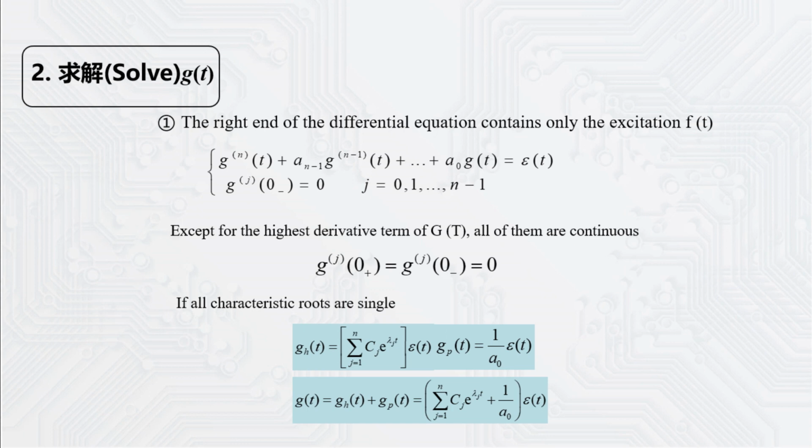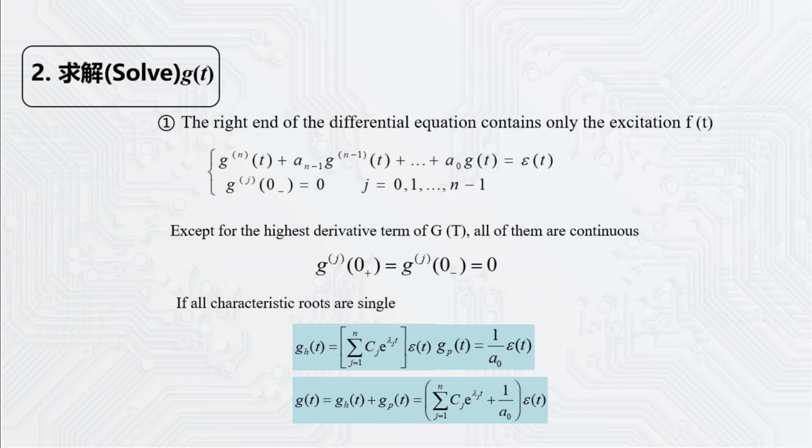In the first case, the right end of the equation contains only the excitation f(t). What is the differential equation satisfied by the step response of the system? This is it. The initial state is 0. It can be seen that, in addition to the highest derivative of g(t), the rest are continuous, so the value at 0+ is equal to the value at 0- equal to 0.